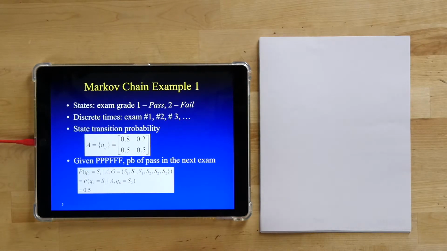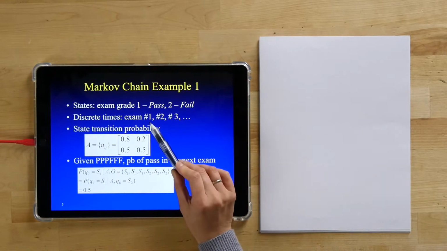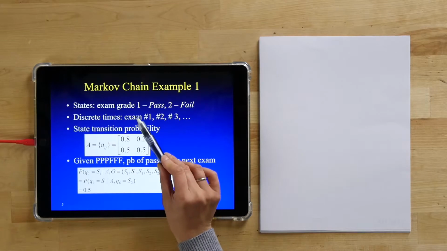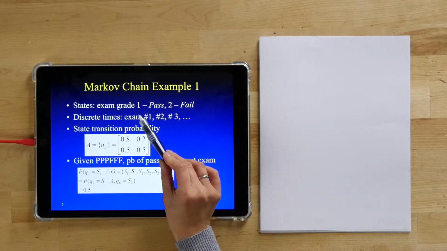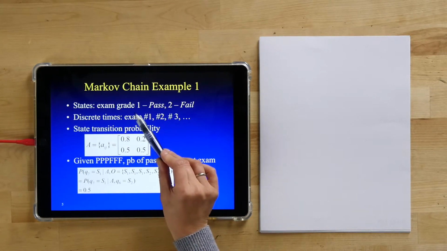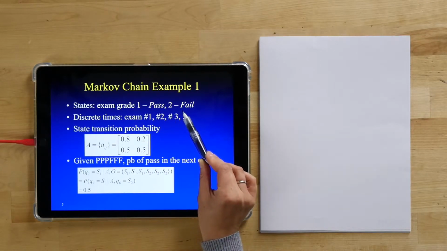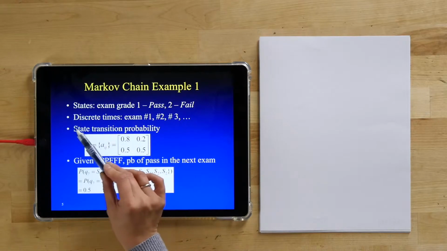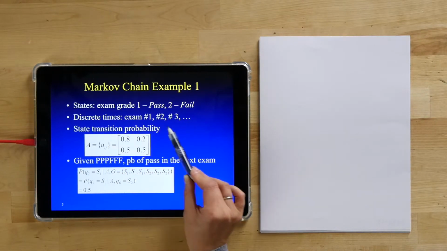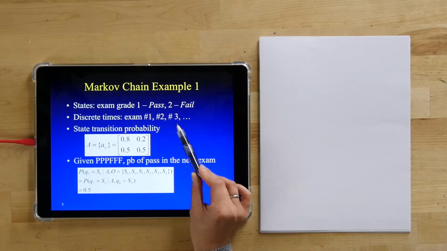For example, so the states, this is an example. If somebody takes an exam, and they passed the exam, the state will be 1, and if they fail the exam, the state will be 2, and the discrete times will be the number of exams, first exam, second, and third.